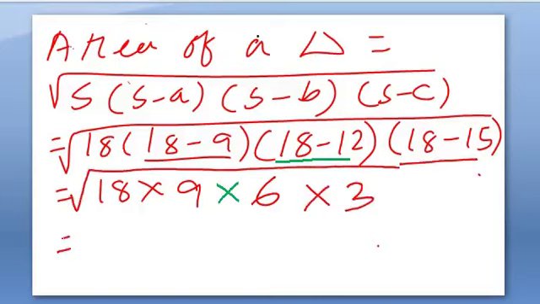We can take out now: 18 can be written as 9 into 2, into 9, so we got one pair.